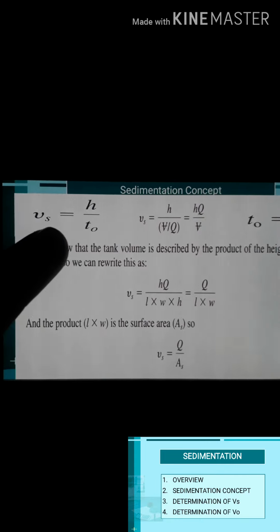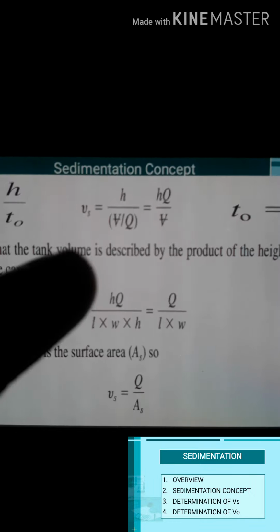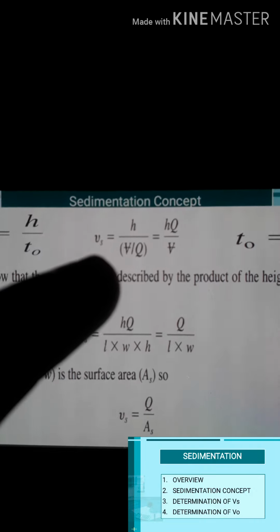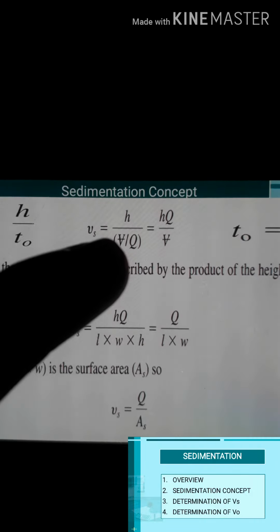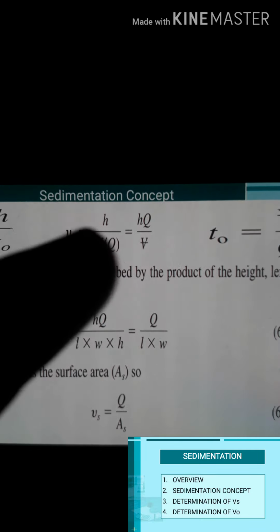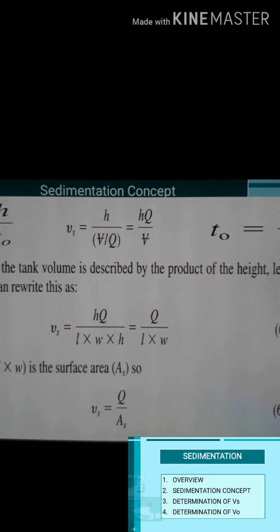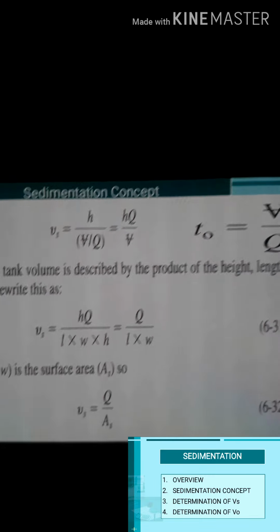Since Vs is equal to H over T sub O, and since T sub O, as you can recall, is equal to the volume of the tank over the volumetric flow rate, we can say that our Vs is equal to H over the volume of the tank divided by our volumetric flow rate, which is also equal to H times the volumetric flow rate over the volume of the tank.